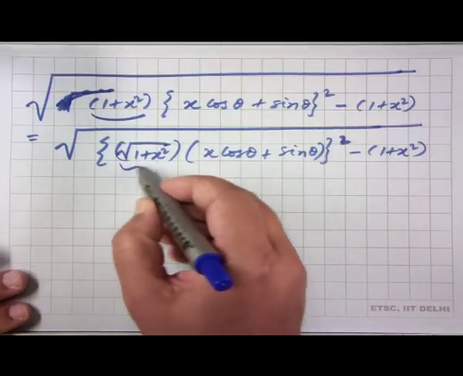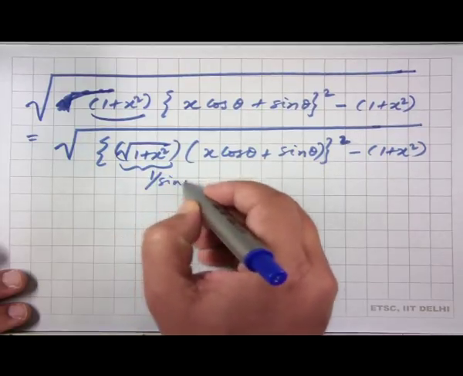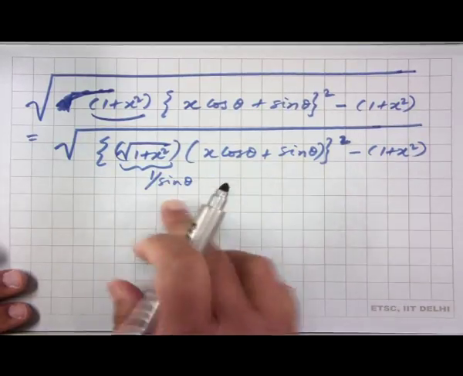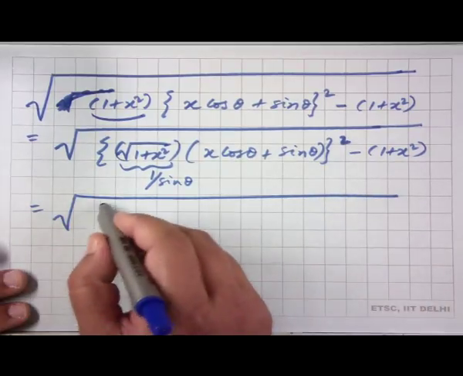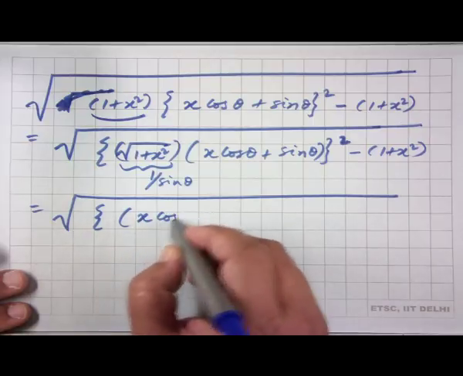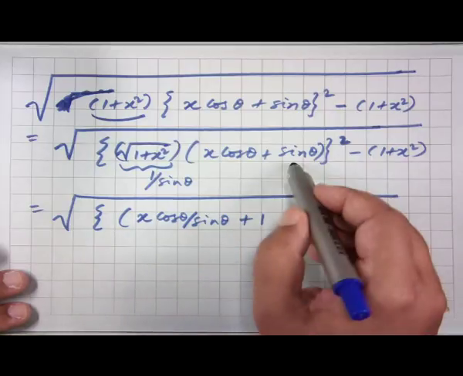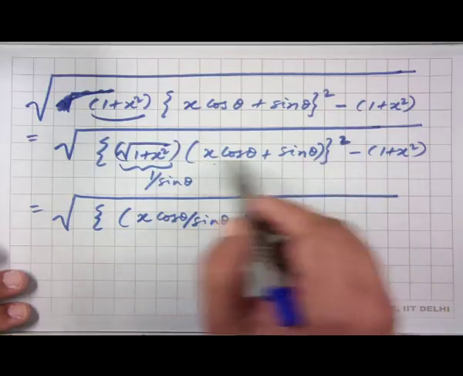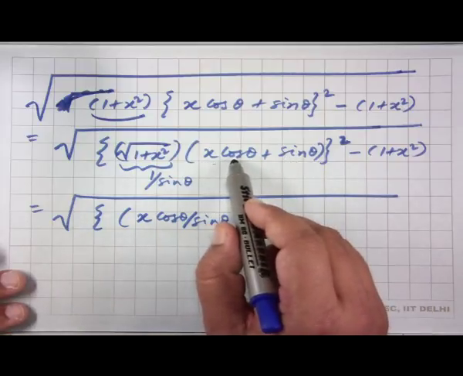So, we use this fact now. So, this is essentially 1 over sin theta, and that is what we use here. So, we get this to be equal to square root of x into cos theta over sin theta plus 1. So, we divide both these by sin theta. So, this becomes 1 and this becomes x cot theta.